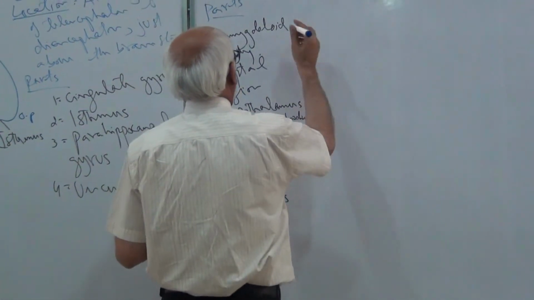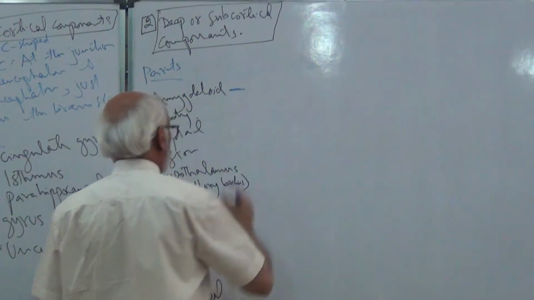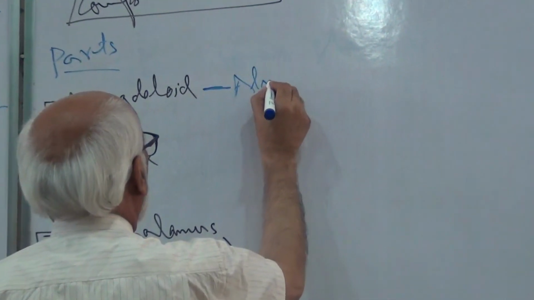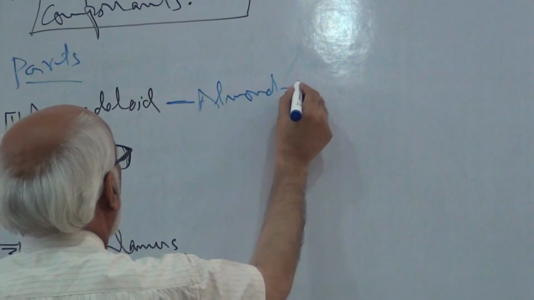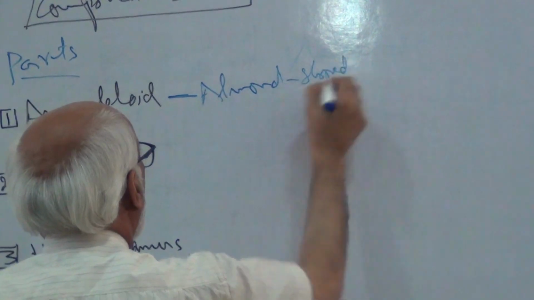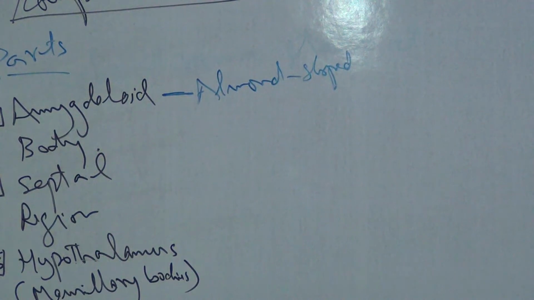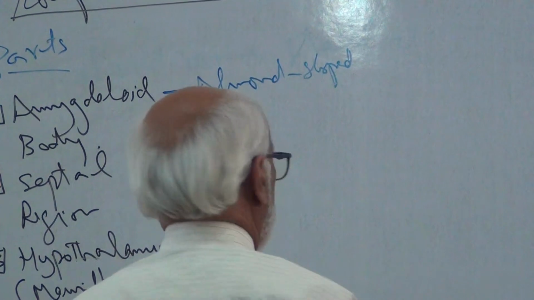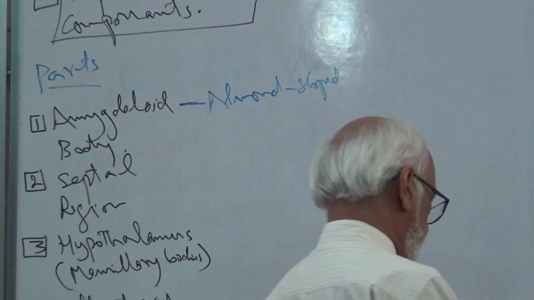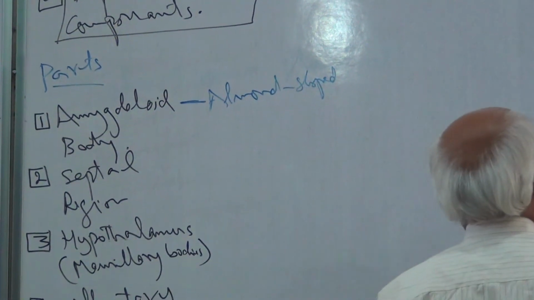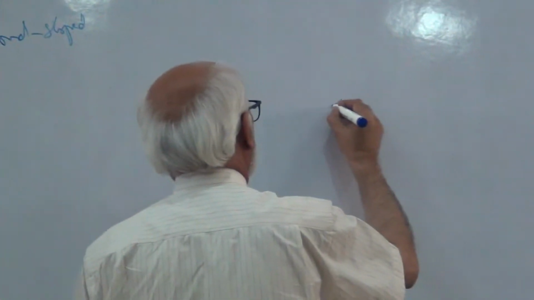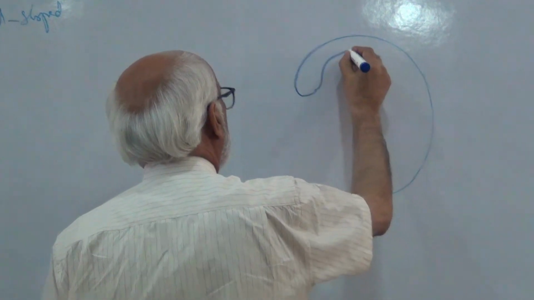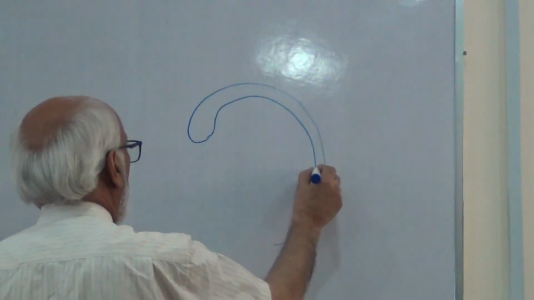Now, the amygdaloid body. It is an almond-shaped body. Amygdala means almond. It is located at the tail of the caudate nucleus. For example, this is a C-shaped caudate nucleus having head, body and tail.